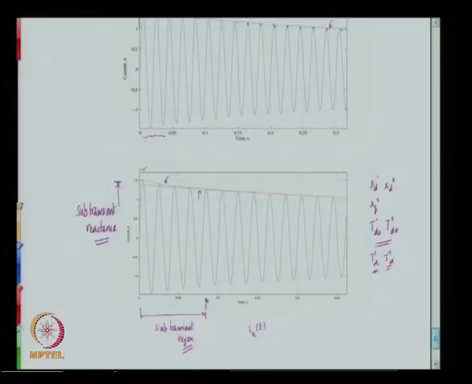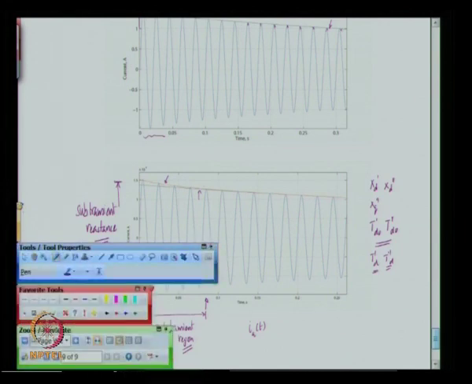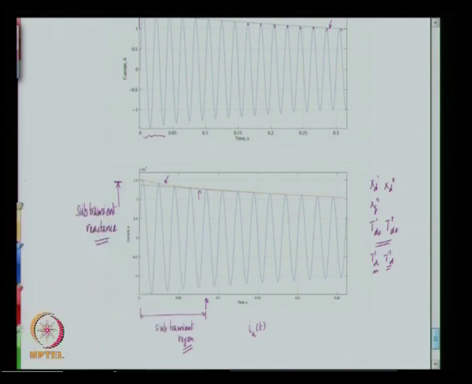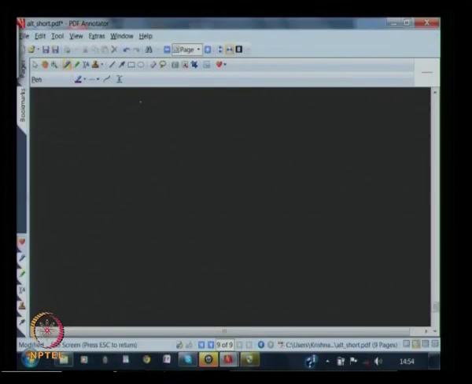It is also interesting to see how ikd and ikq behave when the alternator is subjected to a dead short like this. So for that, let us look at the plot of ikd and ikq.